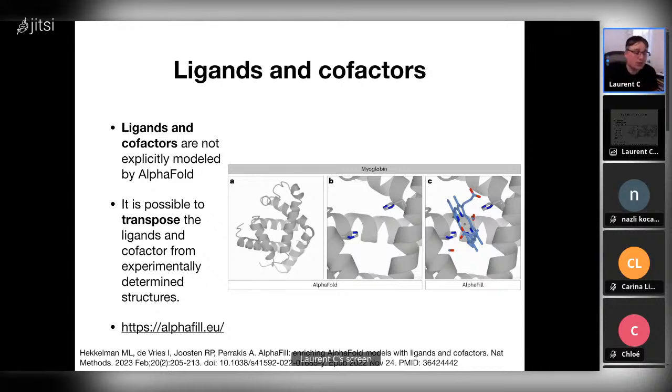Or another way is using this program, which is called AlphaFill, that will look at similar structures in the PDB. It will look for proteins that have a certain degree of sequence similarity with your protein and see if there are ligands that are bound by these proteins in the PDB, and you can transpose those ligands to your protein of interest. So this is something useful to know.